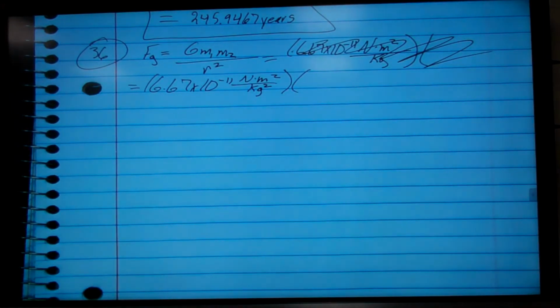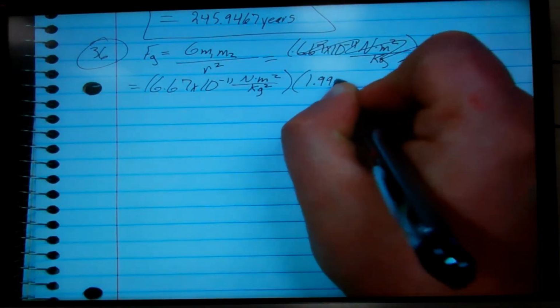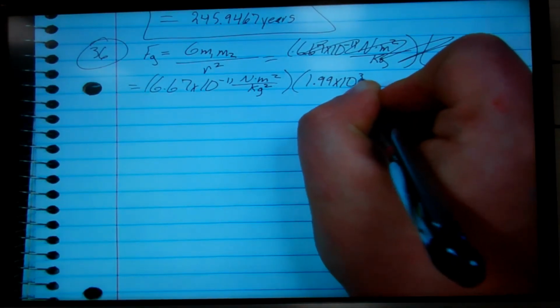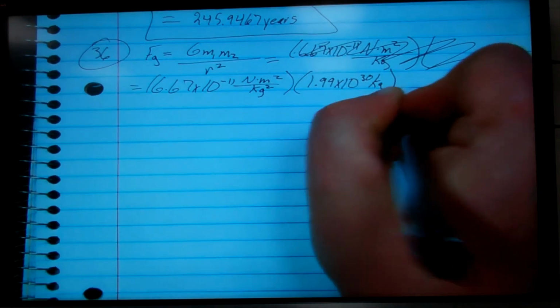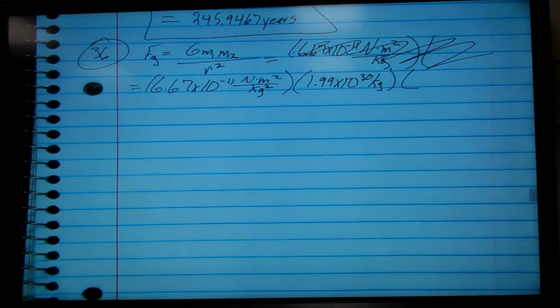Alright, so mass 1, we're going to do the mass of the sun first. So I'm going to do 1.99 times 10 to the 30 kilograms, times the mass of Jupiter. Are we using the distance from the Sun to Jupiter? Yes.